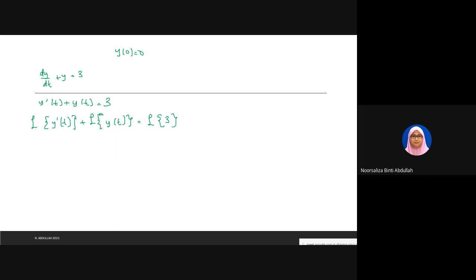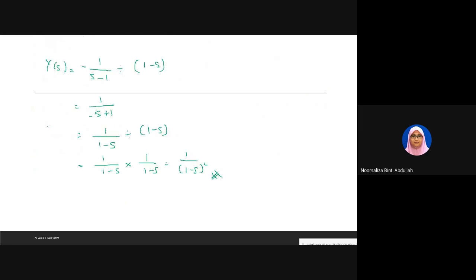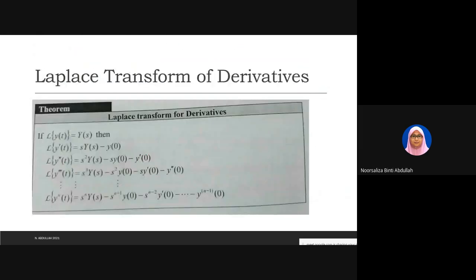Okay, so Laplace for y prime(t), refer to this one. Laplace for y prime(t) is actually sY(s) minus y(0).